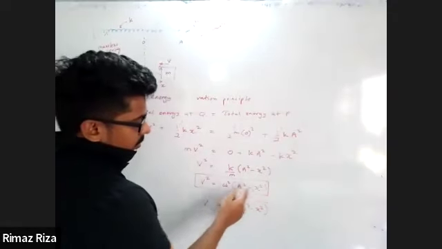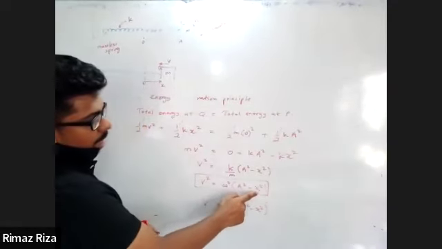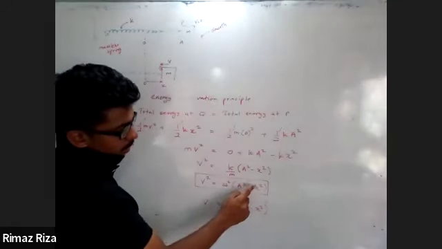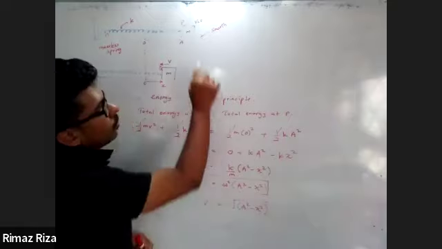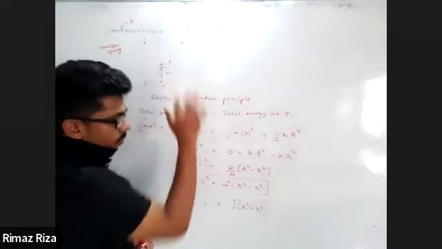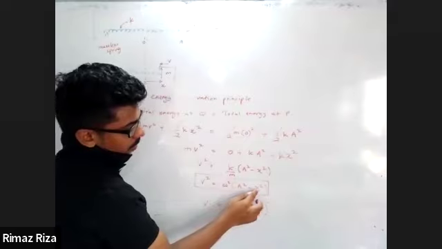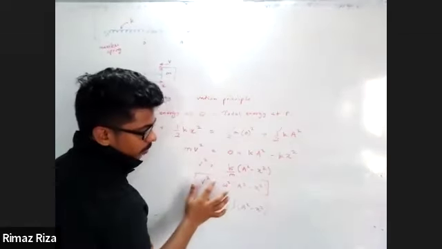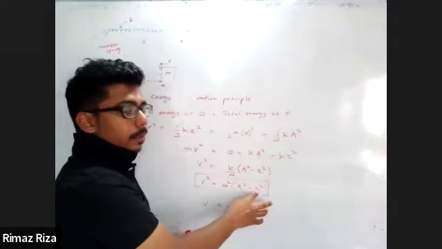And we can see when x equals a, the amplitude, velocity will be 0.